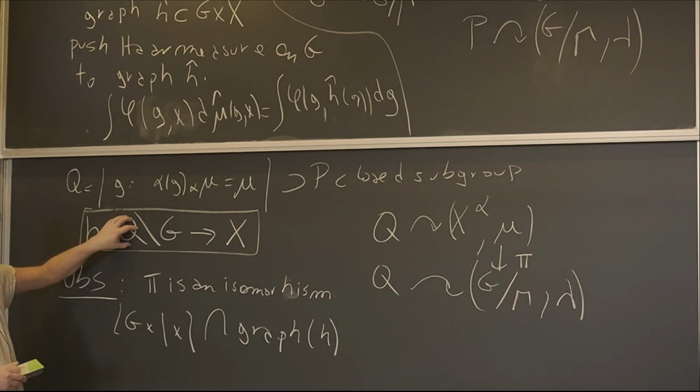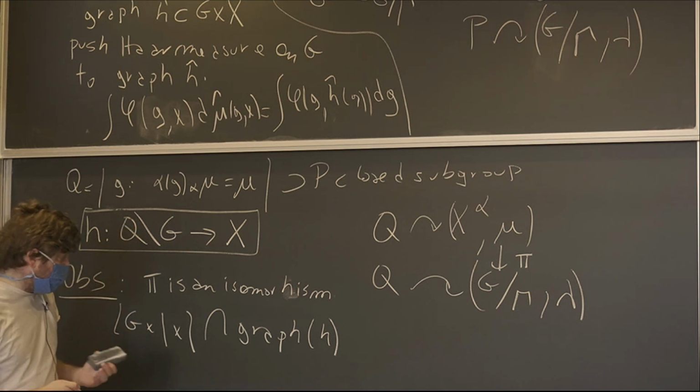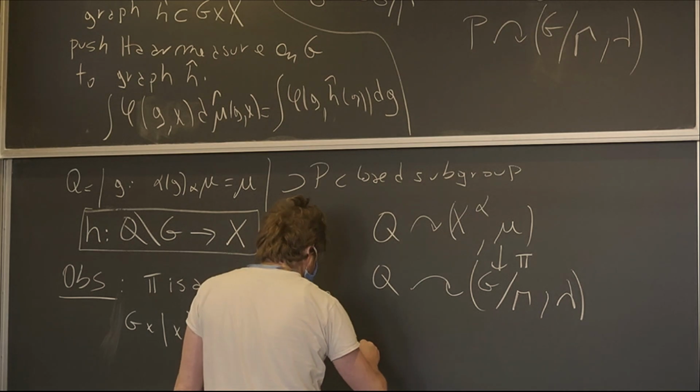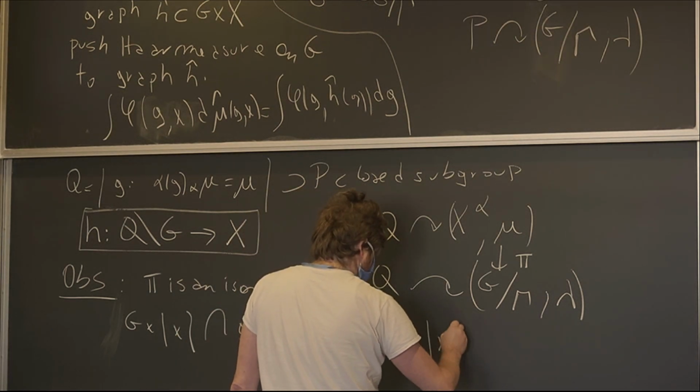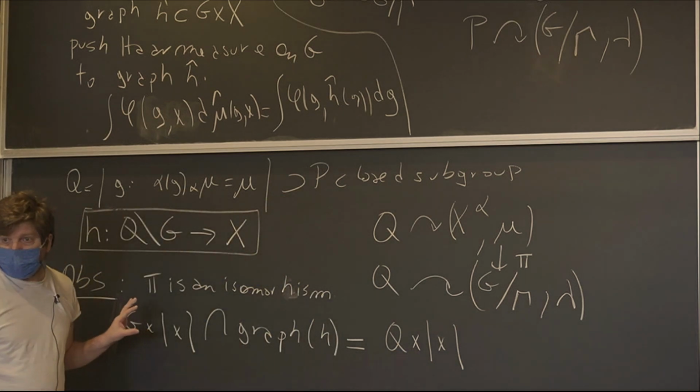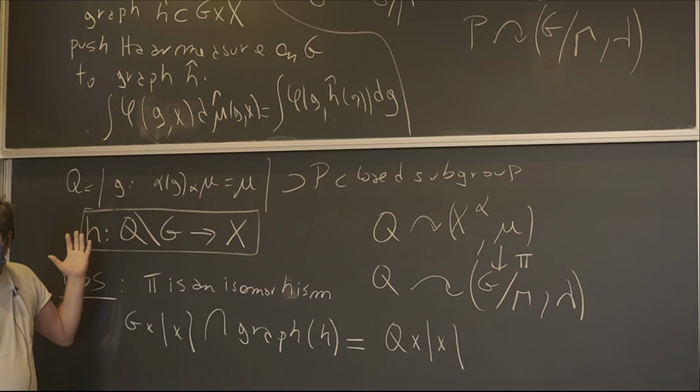That's the Q invariance. And the question is, is there anything else? What we really would like to prove is that this is exactly the same as Q times X, because if we can prove that this is true, then this quotient is injective.